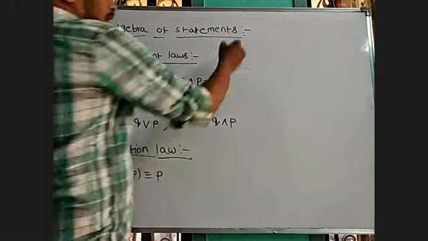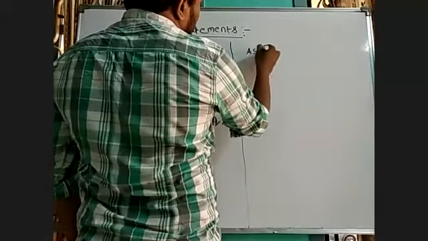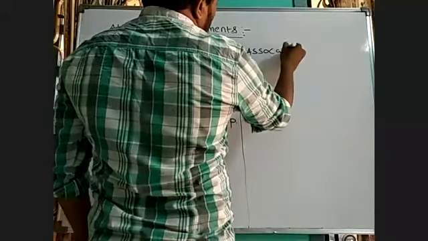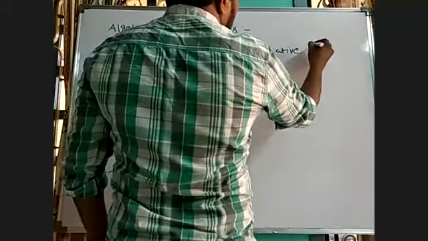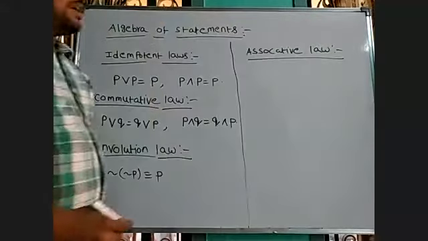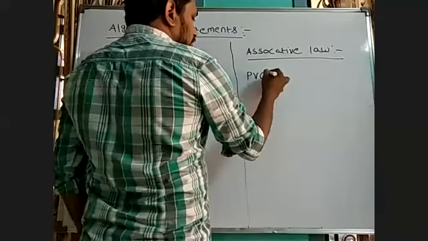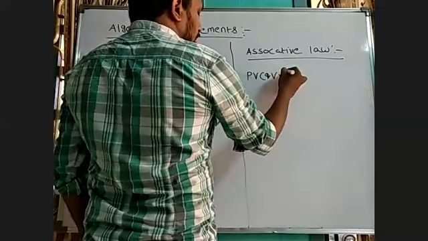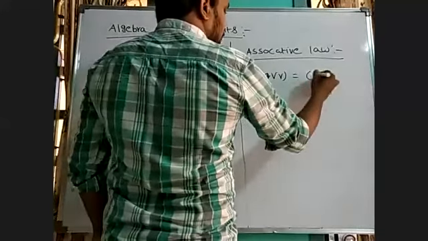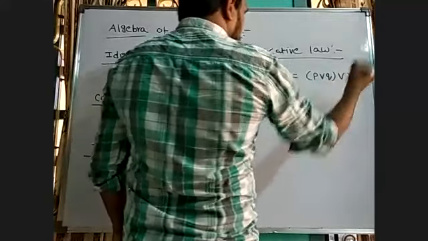Next, associative law. Associative law means P ∨ Q ∨ R, we will write them as (P ∨ Q) ∨ R, like this.